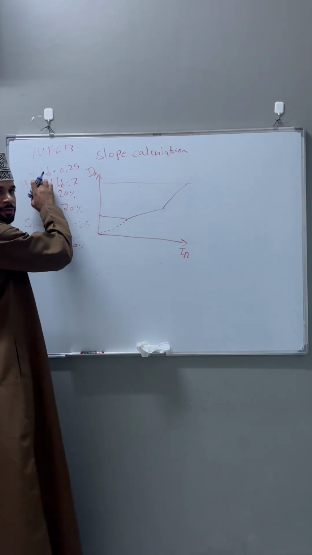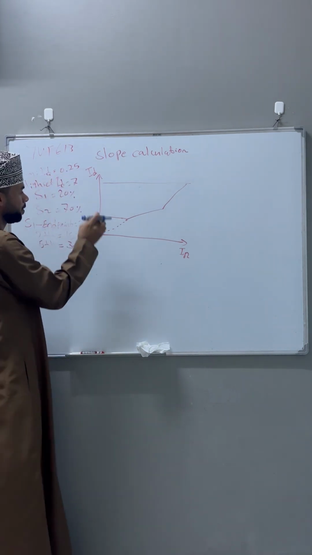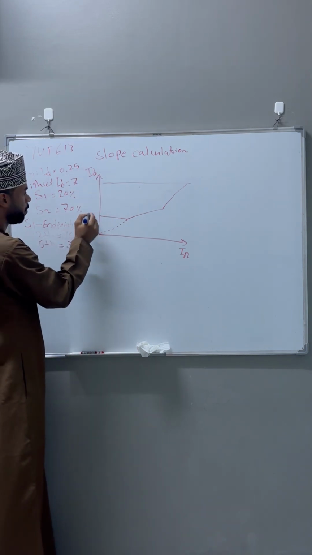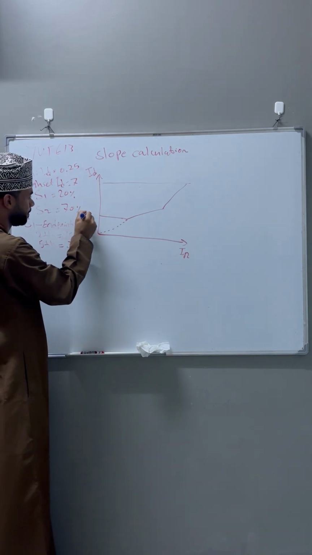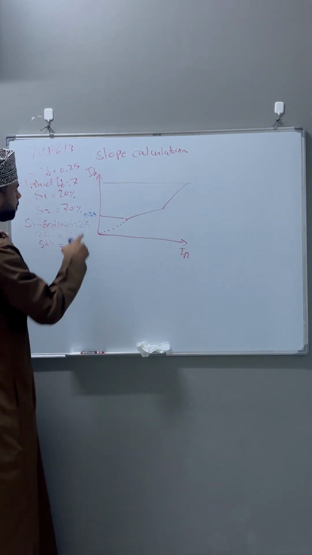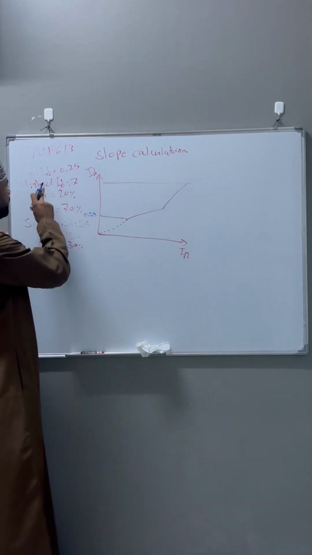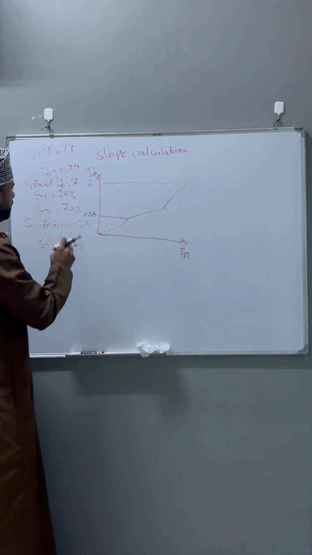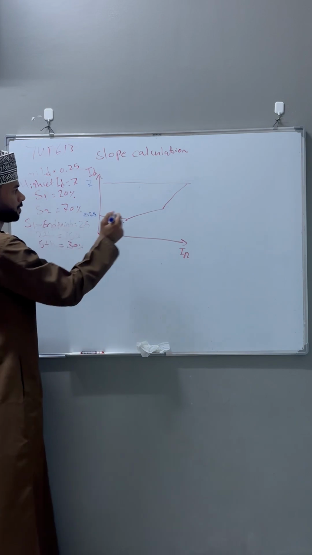First, they gave me the minimum differential current. It is 0.25. This is I differential in the y-axis. So this point is 0.25. Okay. And they gave me the high set differential current 7. Okay, they gave me slope 1, it is 20%.